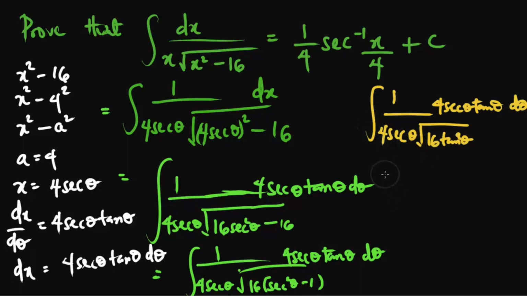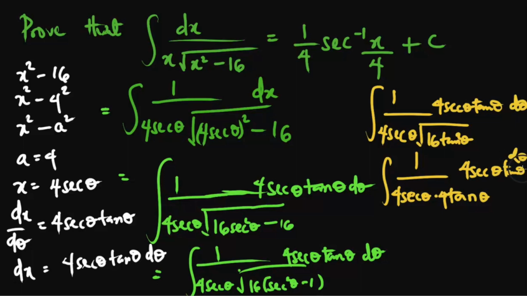Square root of 16 is 4, and the square root of tan squared theta is tan theta. So it becomes the integral of 1 over 4 sec theta times 4 tan theta, and then 4 sec theta tan theta d theta.